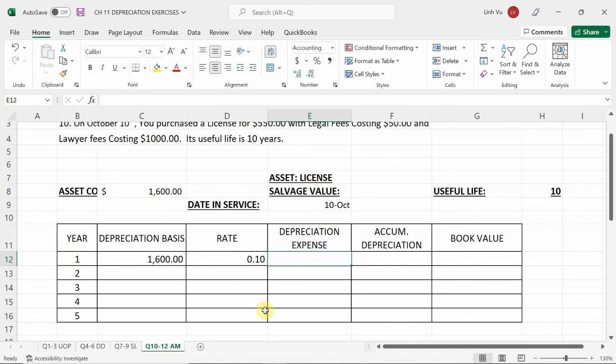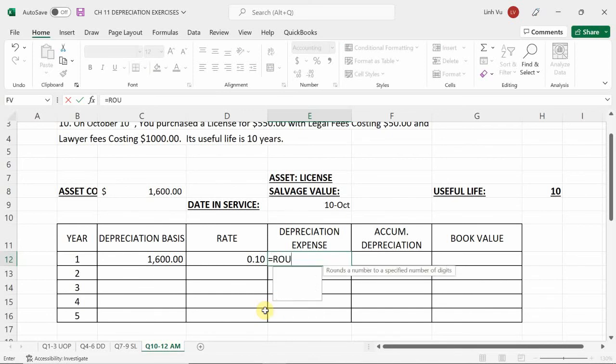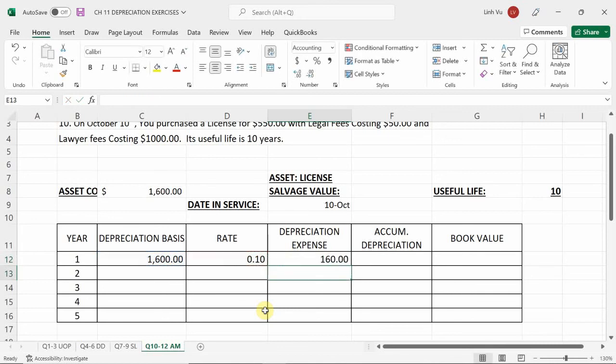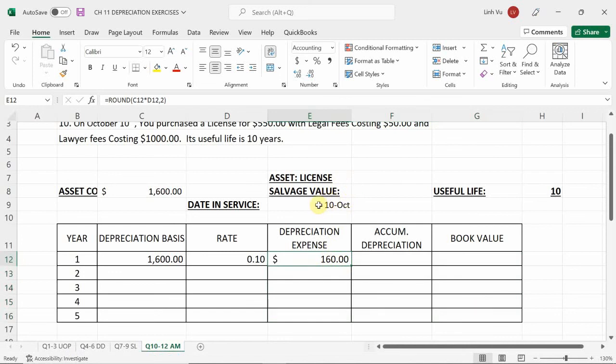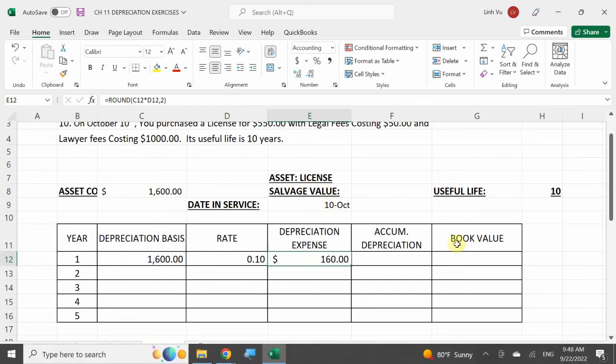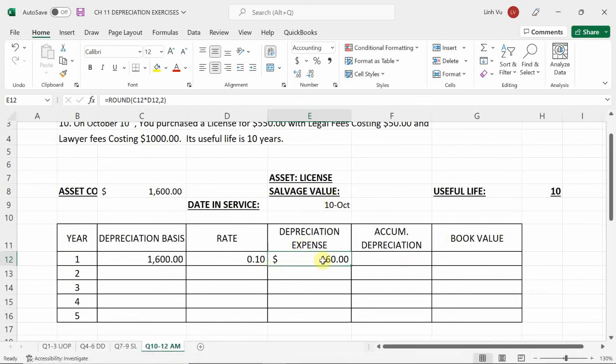So in this case, what's my depreciation expense for the first year? 160. Is that true? No. How old is my asset? I can only depreciate it for how many months? 3. You can only depreciate for 3 months, right? October, November, and December. So in this case, no, I cannot depreciate the first year for $160.